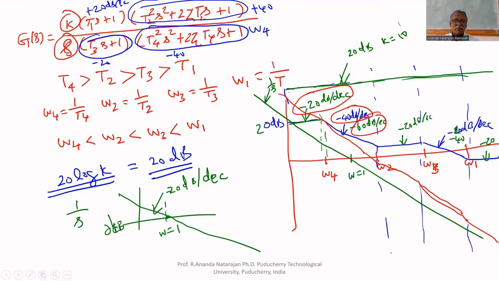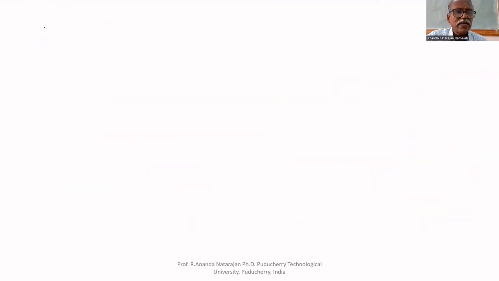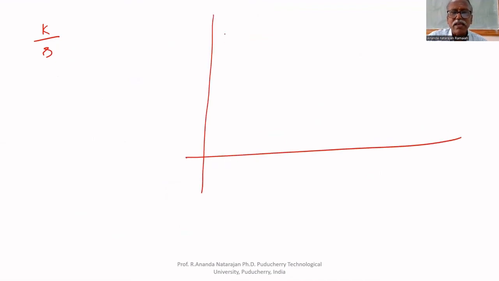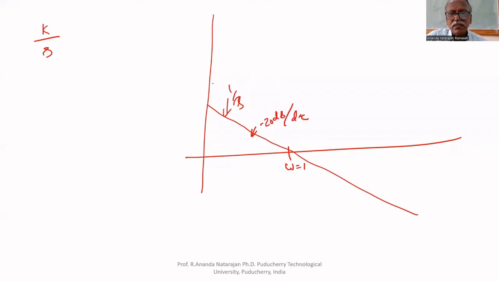So we can draw the rough plot. How to draw that, we'll see here. We have to take k by s. If you draw only for k by s, for k it is 20 dB, and for 1 by s, the slope is minus 20 dB per decade, at omega 1 equal to 0.1.